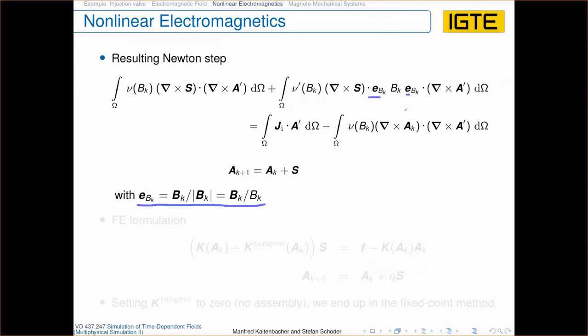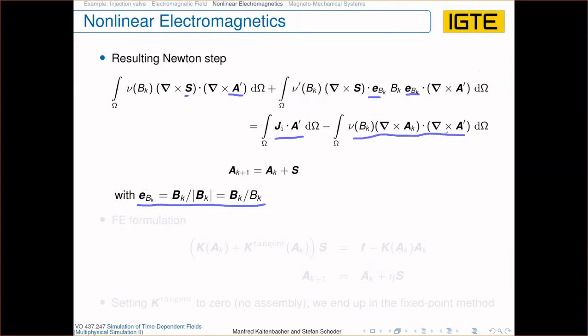So you see, our stiffness matrix within the magnetostatic computation is now ready to be approximated by the basis functions of the test function A prime and S. Everything that is known we put to the right hand side, which is this term with the current density, which is known, and this additional term coming from the Newton scheme.